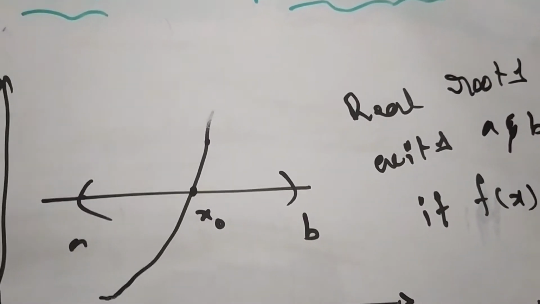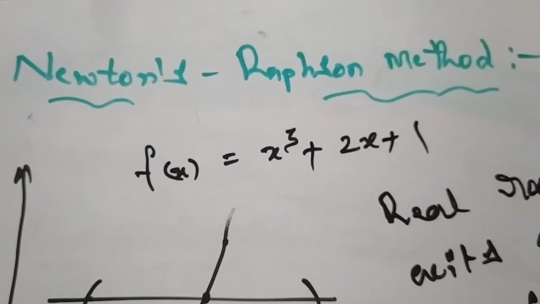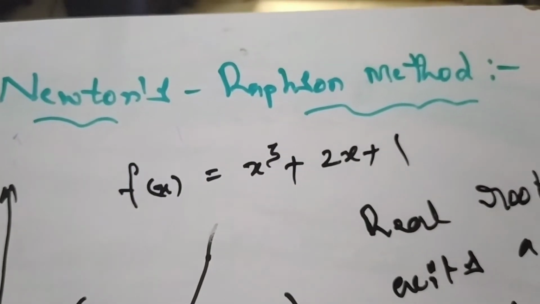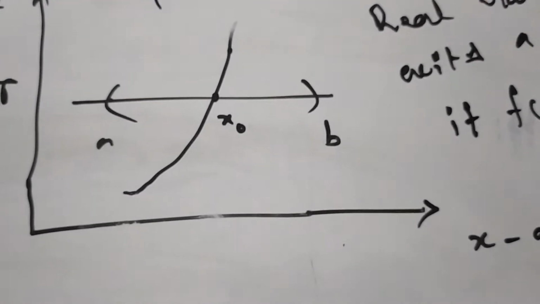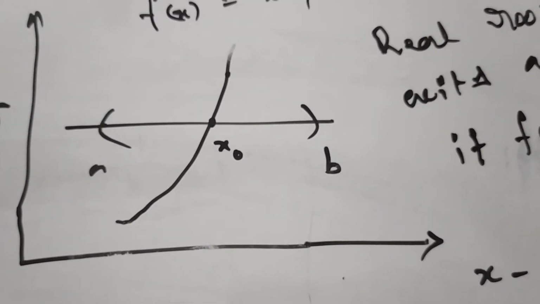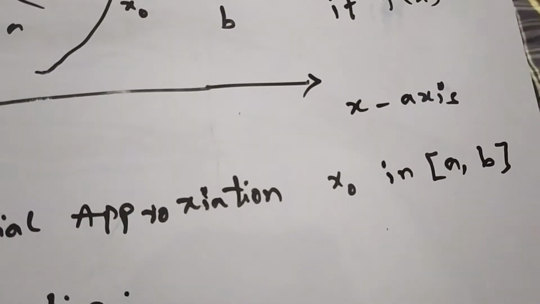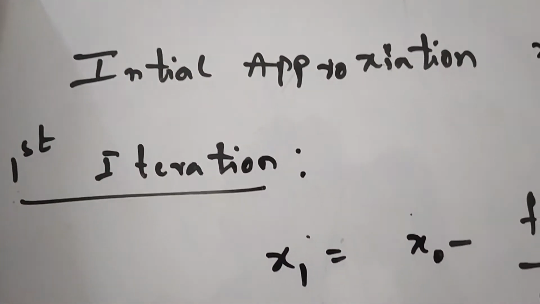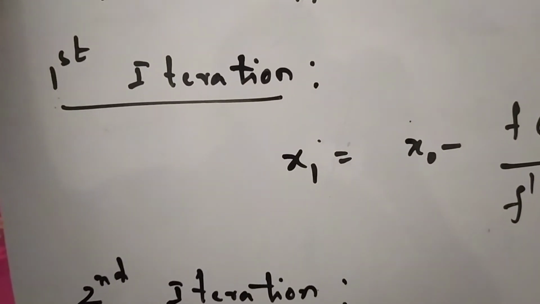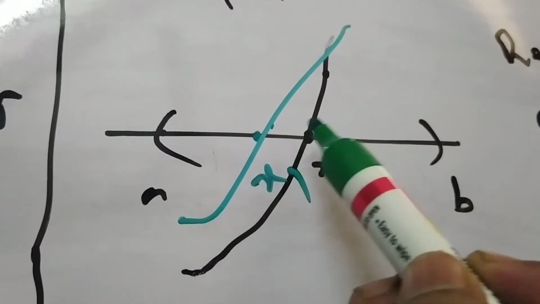That means, for example, f of x equals x cubed plus 2x plus 1. If f of x is 0, real roots exist in between a and b. Take the initial approximation x naught in a comma b. First iteration, that means x1. x1 will be this.